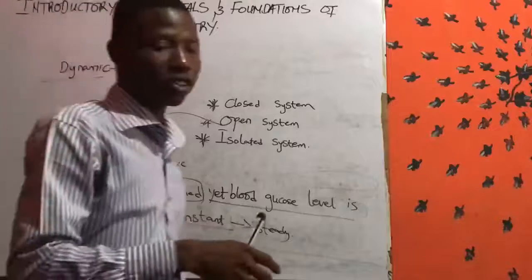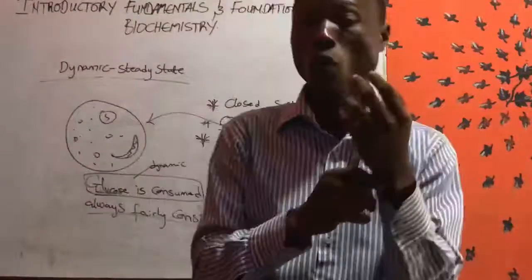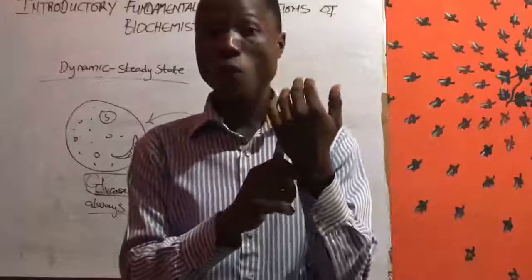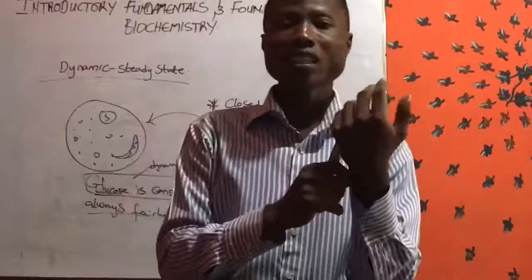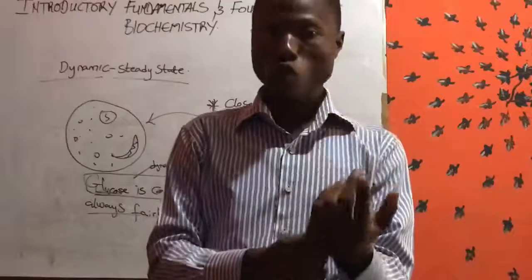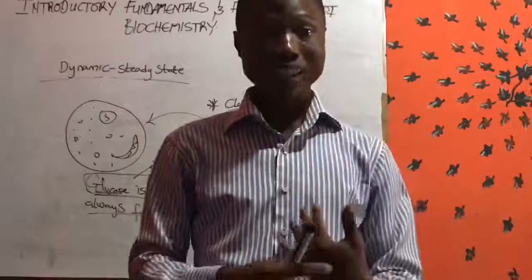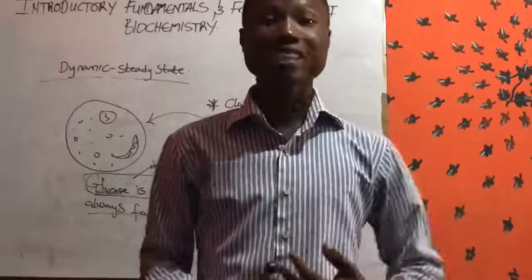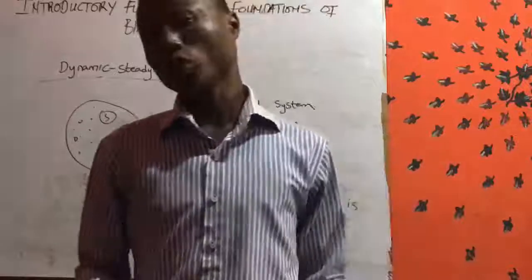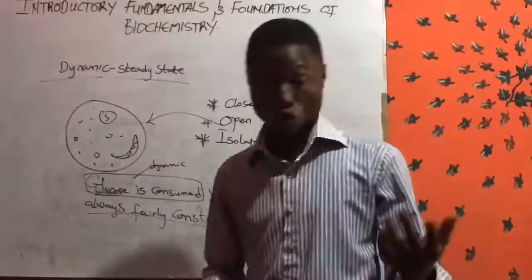Are we together? So you won't say you are having low blood glucose because your body is constantly degrading glucose. No. You are always also eating glucose. There is gluconeogenesis in your body, which helps even to produce more glucose, even when you are not consuming glucose.